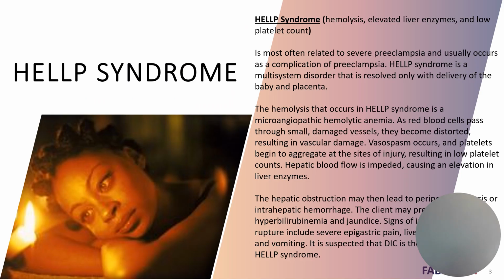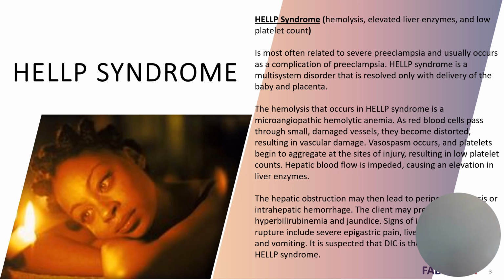So the HELP syndrome is the complication of preeclampsia. It involves hemolysis, which is going to be destruction of the red blood cells. Then we'll have elevated liver enzymes and a low platelet count.